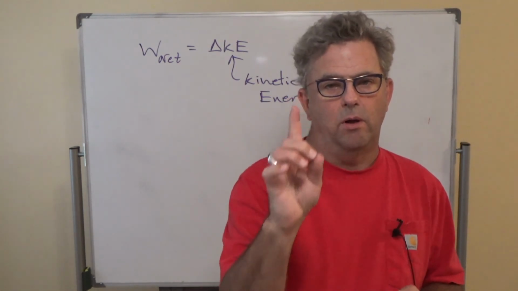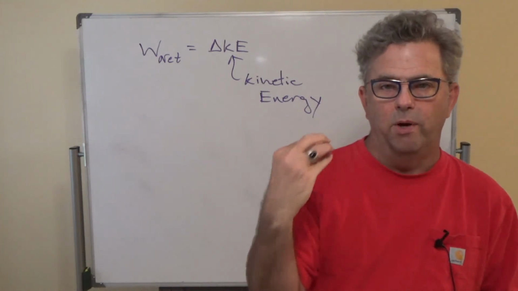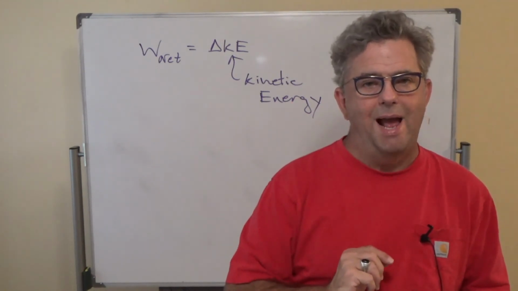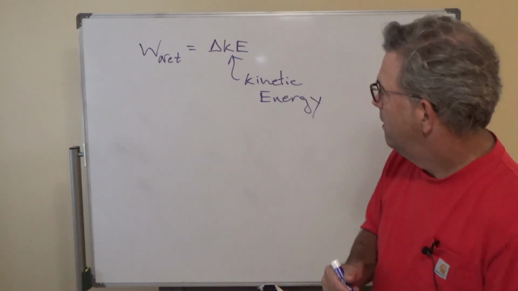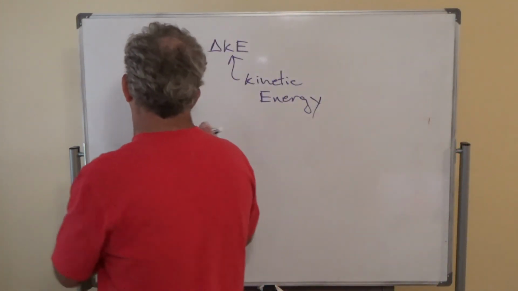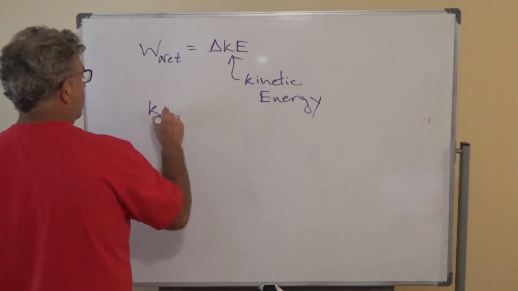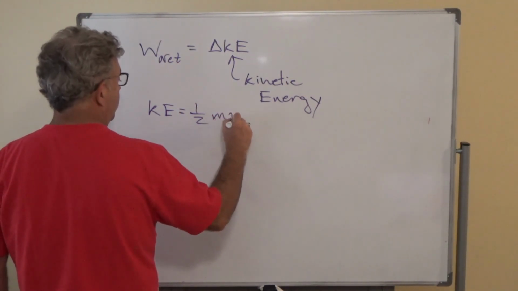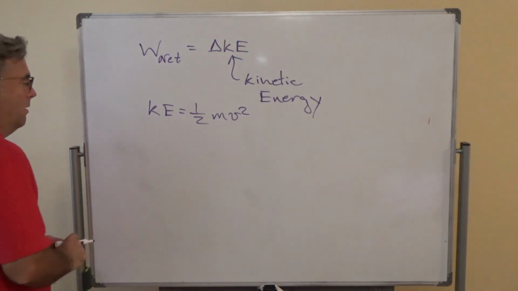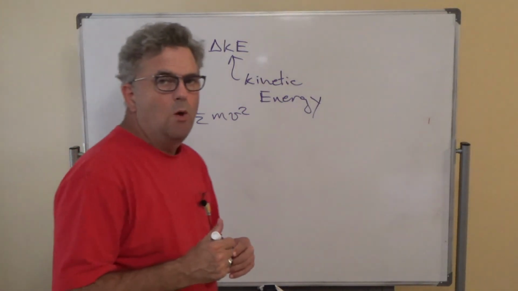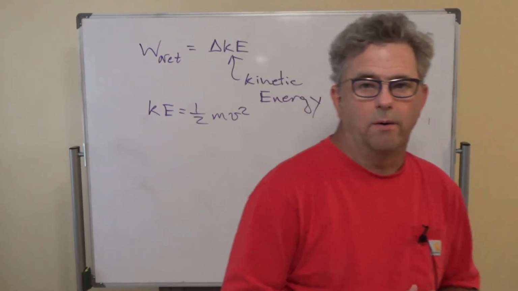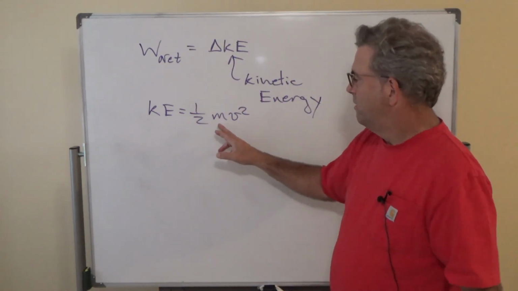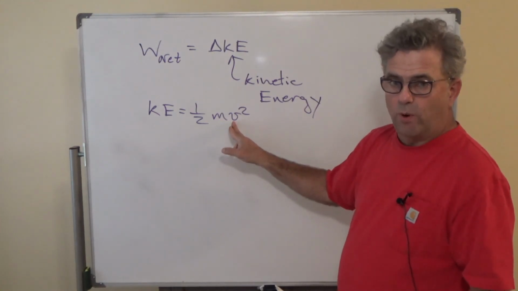So a point particle meaning a rigid, you can think of it as like a steel ball with a particular mass, okay? Kinetic energy, and I'll derive this later, is equal to 1/2 mv squared, okay? 1/2 mv squared. So it goes like v squared.